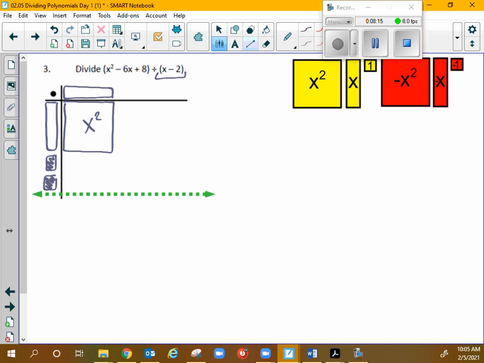So now I have to finish out this column. X times -1, negative x. How many of those am I going to have there? 2. So now I have 2 negative x's. I've checked off my first term. I need 6 negative. I already have 2, but I need 6. How many do I need? 4 negative x's.